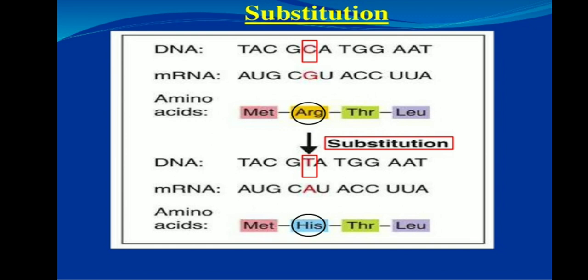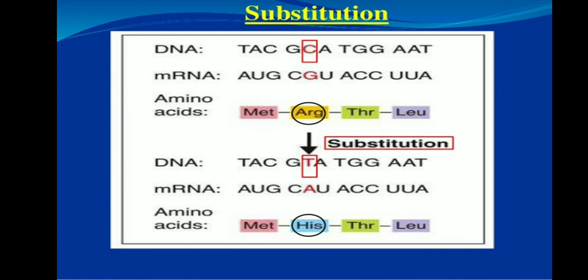So in this substitution, you can see the single nucleotide change happens in the DNA. This DNA, which has the genetic code in sequences, will convert into the mRNA, and that mRNA codon will convert into a single amino acid by the triplet. That is CGU.